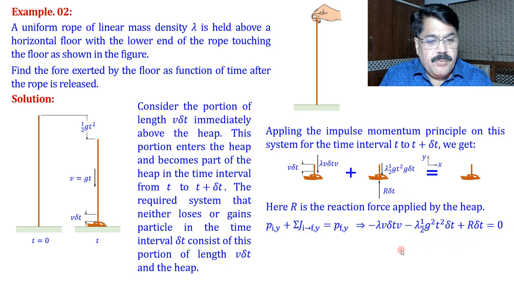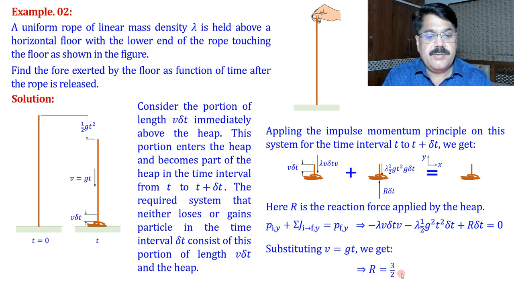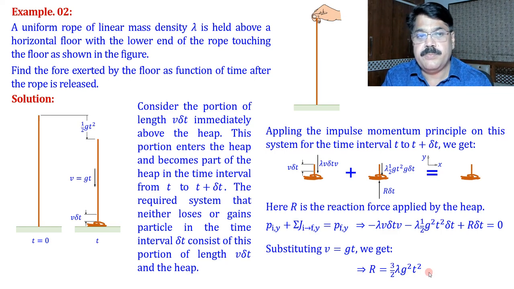Now from the entire equation we can cancel out dt and write the value of R. Here v appears, so we substitute v equals g t, cancel dt, and find R. So R you get is 3 by 2 lambda g square t square. That is the reaction force of the floor on the rope.